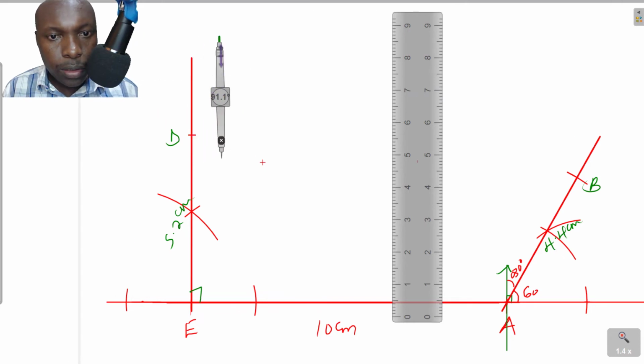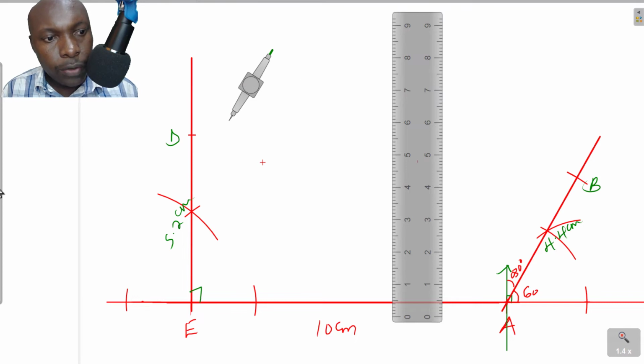So we'll just take a pair of compasses and then standing here, this is how you construct 60 degrees on that side. So I'll have to extend this line again.